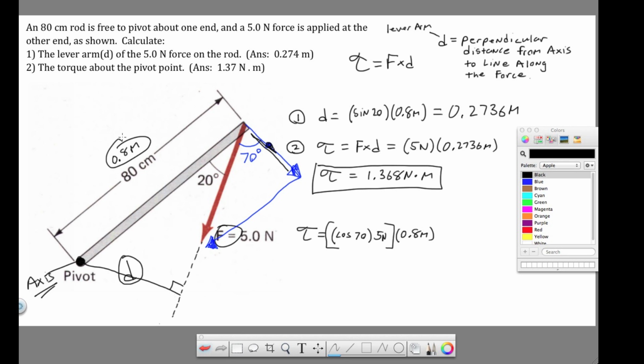All I did here is I made the distance, the 0.8 meters, measured from the axis. That always has to be true when you're calculating torque. The distance you're using has to be from the axis. So the 0.8 meters is perpendicular to this component of the 5 Newton force. And then you get the exact same answer, 1.368 Newton meter.